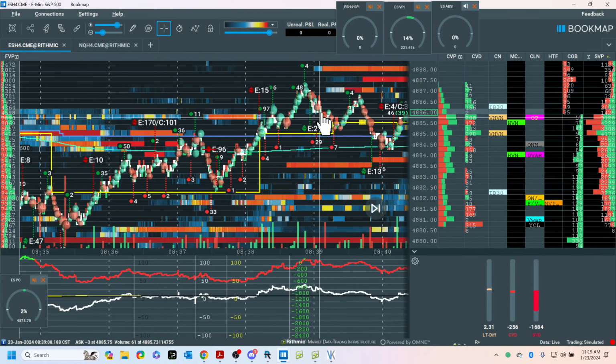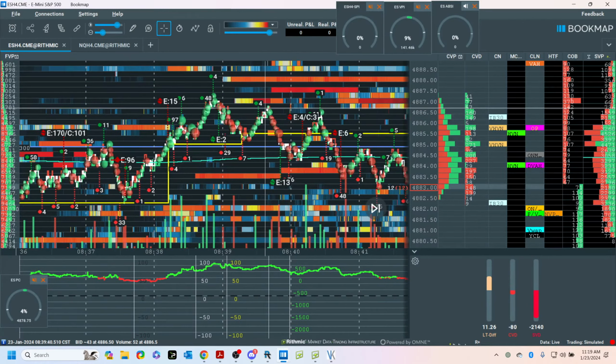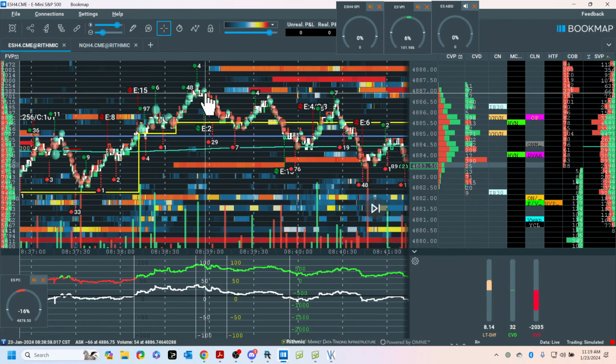Variable high volume node, microstructure is up here. Too high, break, comes back to retail, comes back and checks this microstructure. Too high, breaks down, comes back, checks the microstructure. Here, too high.